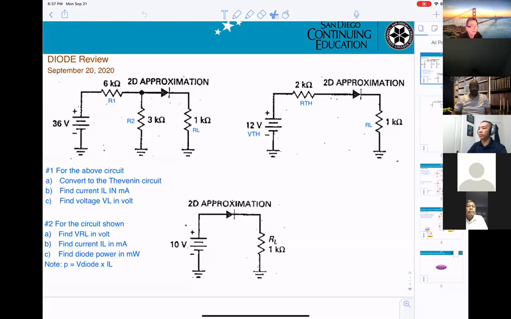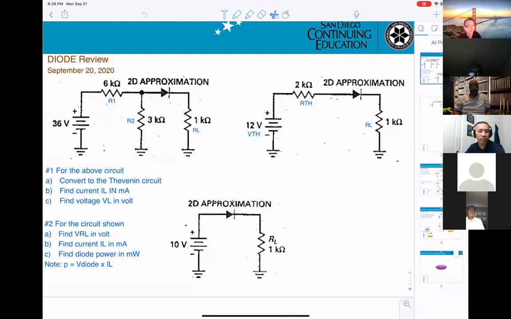So if you're looking at the circuitry, first thing you have to tell me, the diode will be on or off.